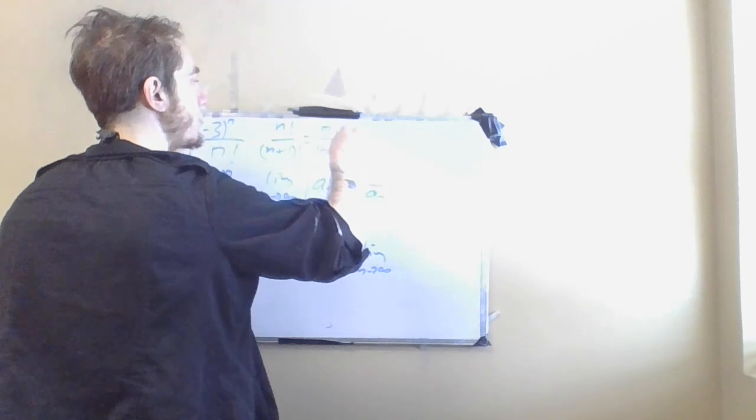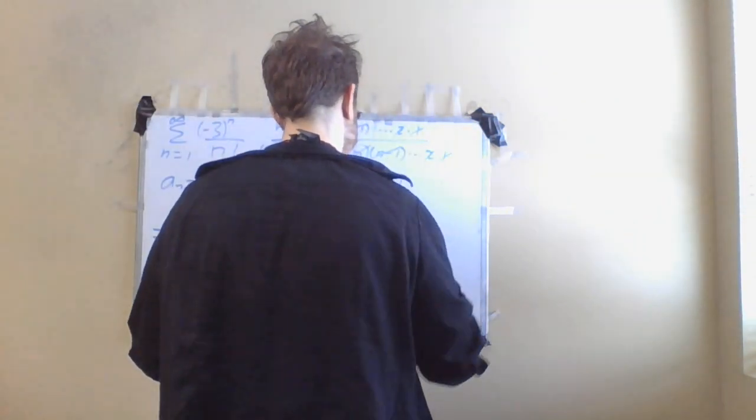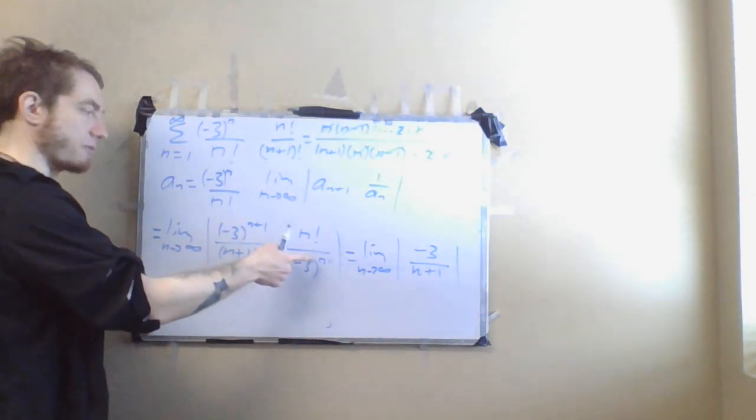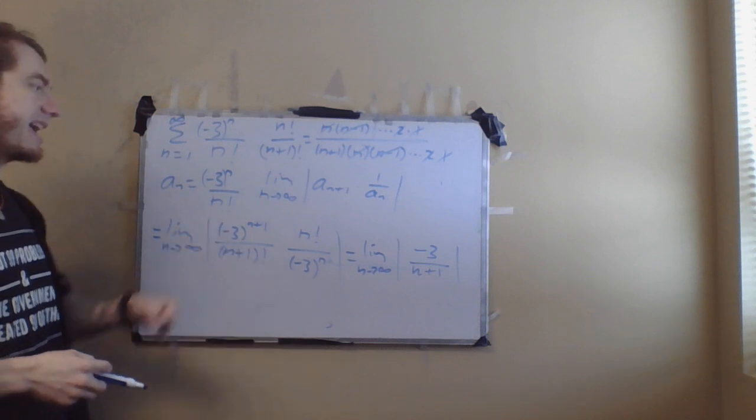Well, every single thing cancels except for the n plus 1 in the denominator. So this is going to become the absolute value of negative 3 divided by n plus 1. The negative 3, of course, just comes from canceling this n plus 1 with this n exponents and everything.